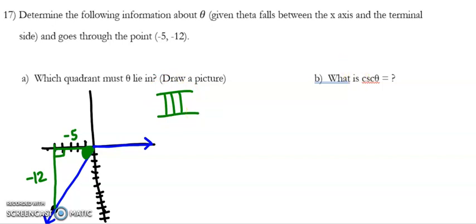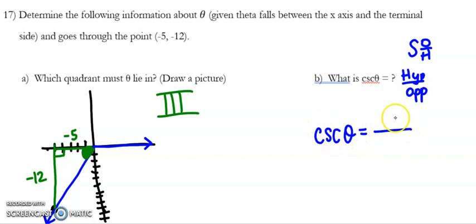What is the cosecant of theta? Well, the cosecant is going to be the flip of sine, and sine is the opposite over the hypotenuse. So cosecant is going to be the hypotenuse over the opposite. So cosecant of theta is the hypotenuse over, well, from this angle, my opposite side is negative 12, which means I just need to find this mystery hypotenuse.